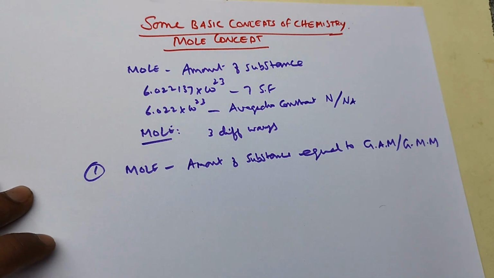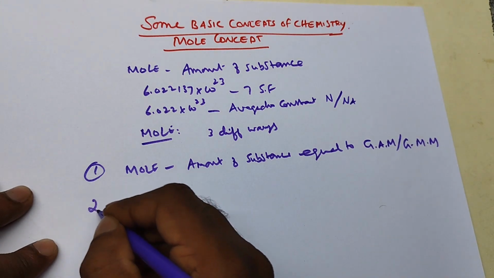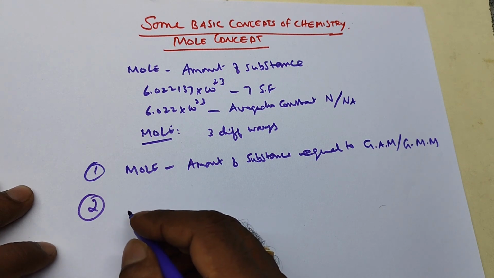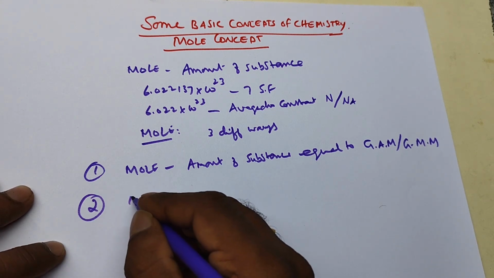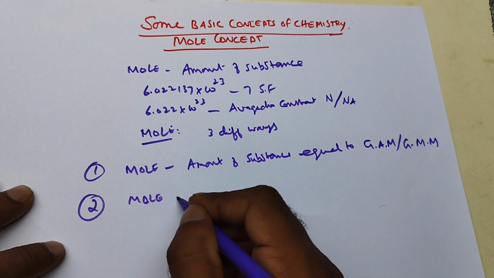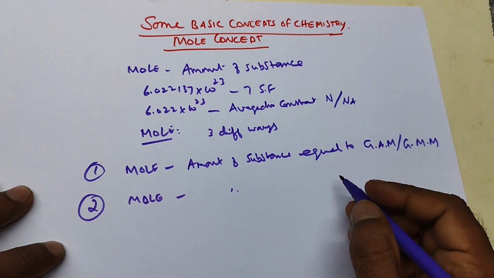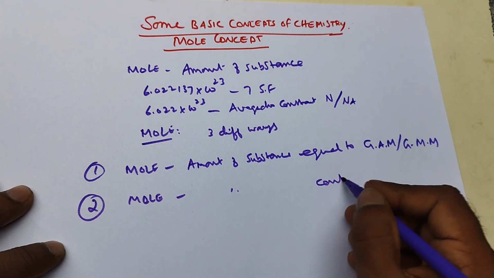That is the first definition. The other one: mole is an amount of substance that contains Avogadro number of particles.